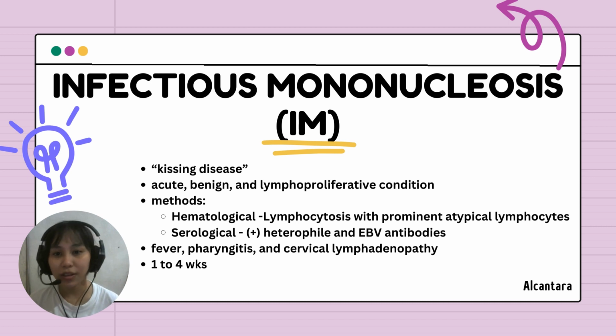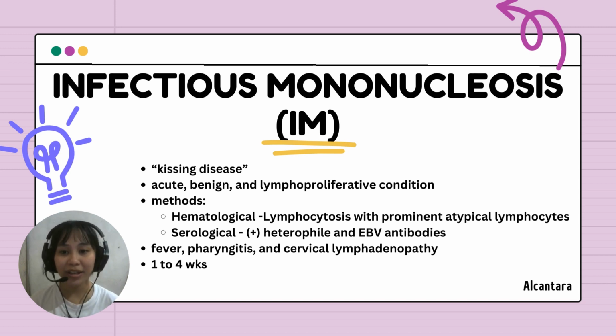It could be an acute, benign, and lymphoproliferative condition. In diagnosing infectious mononucleosis, both serological and hematological methods are commonly employed. Hematological is to detect lymphocytosis with prominent atypical lymphocytes, and serological is to detect positive heterophile and Epstein-Barr virus antibodies.